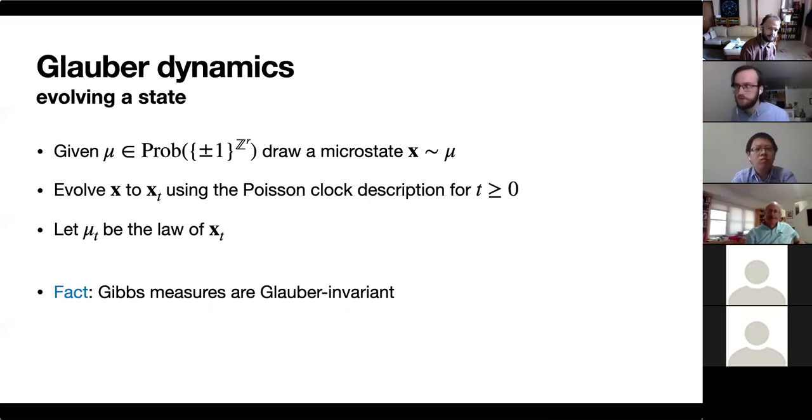If I have a Glauber invariant measure, it isn't necessarily Gibbs. I guess it might seem clear at first, but it's not. Gibbs measures are supposed to be invariant under re-randomizing individual sites, but once I throw in this randomness of which site I'm choosing to re-randomize at different times, that just complicates things a little bit.